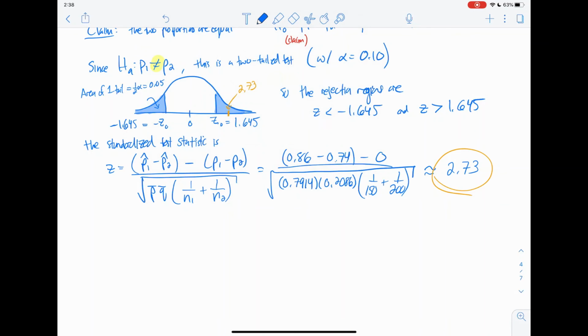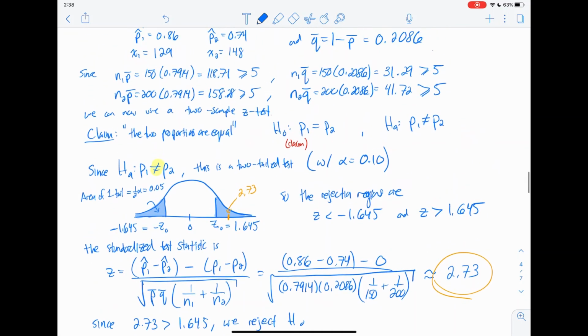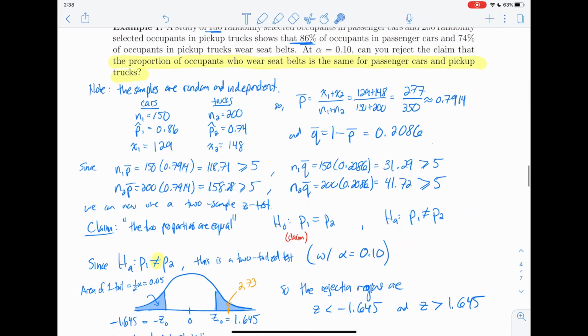So if we write that down, we'll say that since 2.73 is indeed larger than 1.645, we elect to reject the null hypothesis. But what does that mean in the context of the situation at hand? The claim turned out to be the null hypothesis. So it turns out that with a 10% level of significance, there is enough evidence to reject this claim.